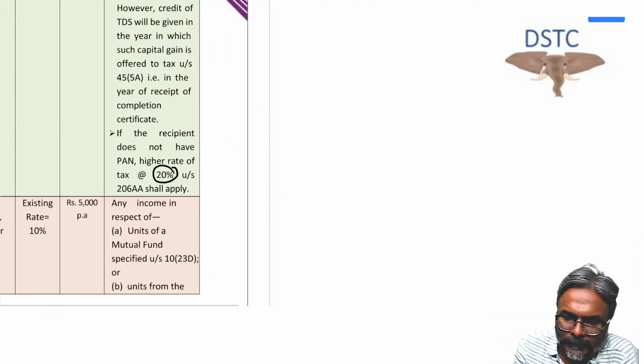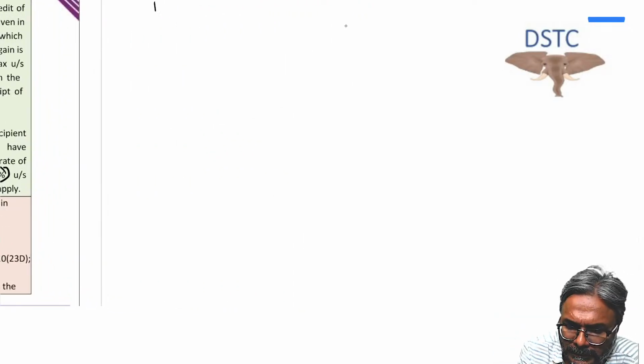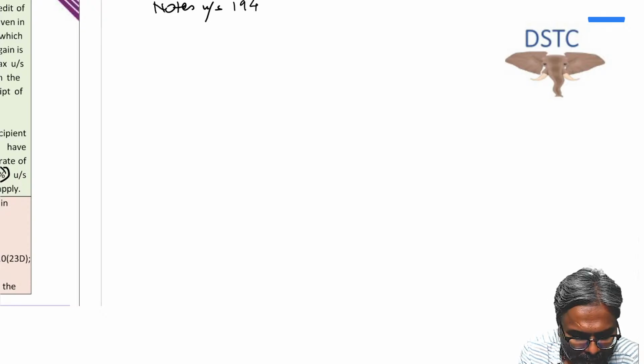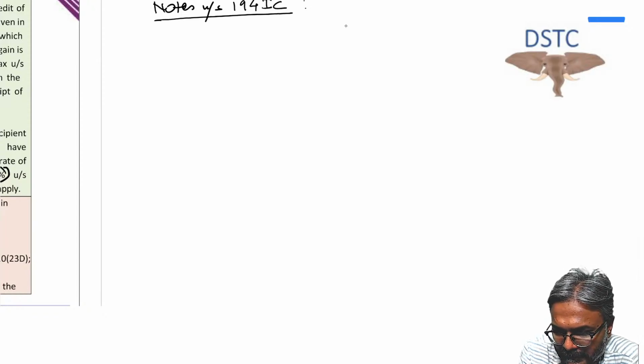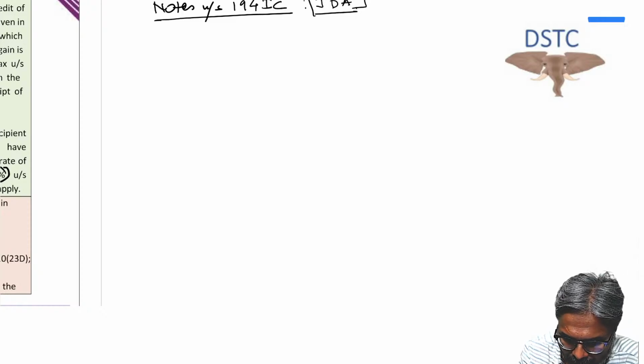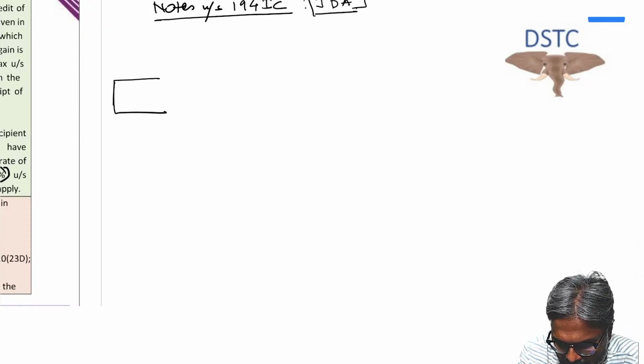Now students, all of you write notes under section 194IC and give the heading JDA. JDA is Joint Development Agreement. Now this is a REO.